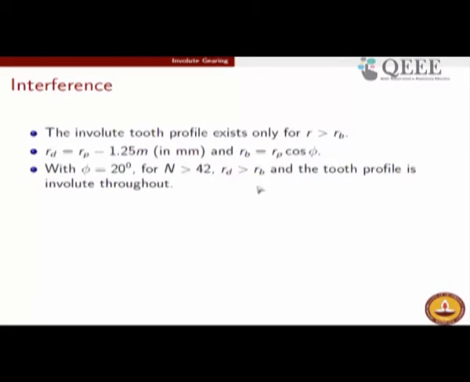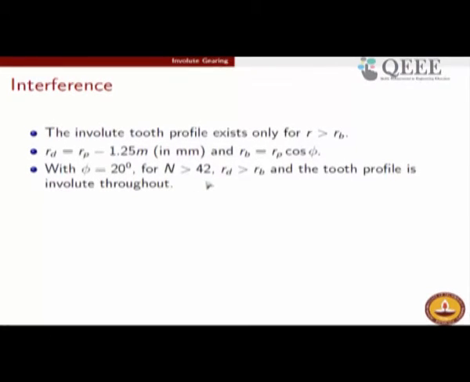The tooth profile does not extend all the way up to the base circle, it is actually terminating well before that, because dedendum is the level at which the tooth profile is ending, and the base circle is lower than that. That means the tooth profile has actually ended well above its limit, which means the entire tooth profile is an involute. So no issues associated with this situation, but see, the number of teeth that is required to attain this condition is actually pretty high, it is 42.